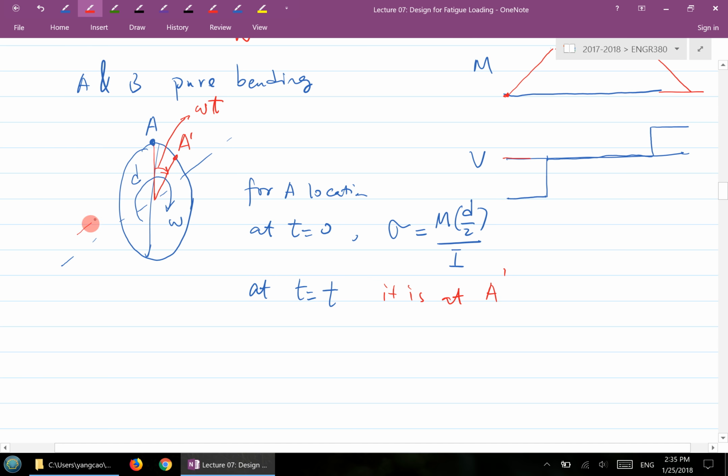At this A prime location, your stress level is the same everywhere parallel to the neutral axis. If you draw horizontal lines, anywhere along the red lines will be the same normal stress. And what would be that value? Sigma equals still M, times this portion of the distance, d times cosine omega t, divided by I.